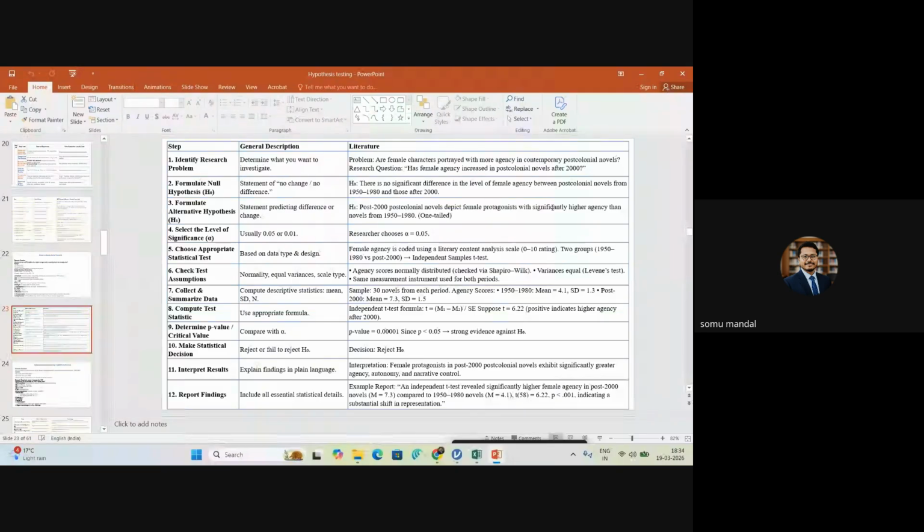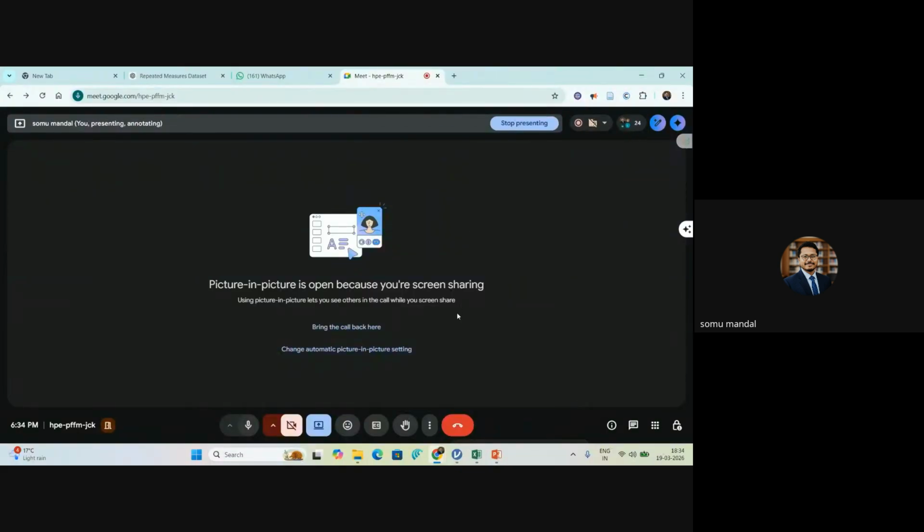Can you define what is meant by parametric and non-parametric? Please tell me, anyone?